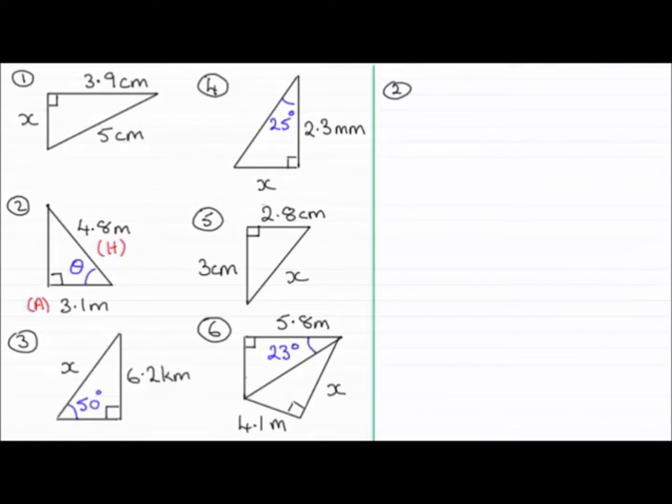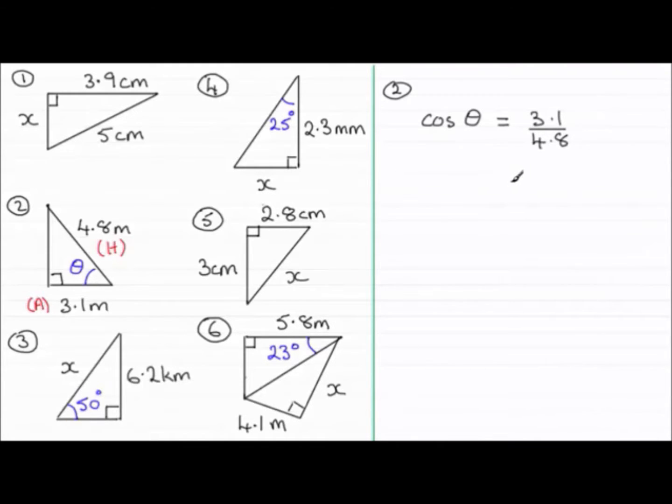So the trigonometric ratio that connects the adjacent and hypotenuse is the cosine ratio. Cosine of an angle equals adjacent over hypotenuse. So therefore for this one we would have the cosine of the angle theta equals the adjacent side, 3.1, divided by the hypotenuse, 4.8.